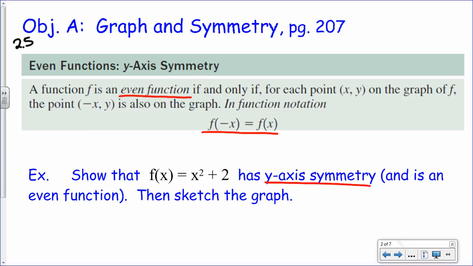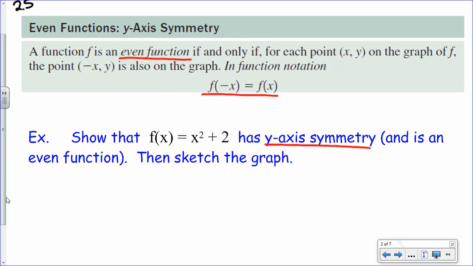Okay, so we will use the rule to see that this is an even function. I'm wanting to test if f of negative x equals f of x.